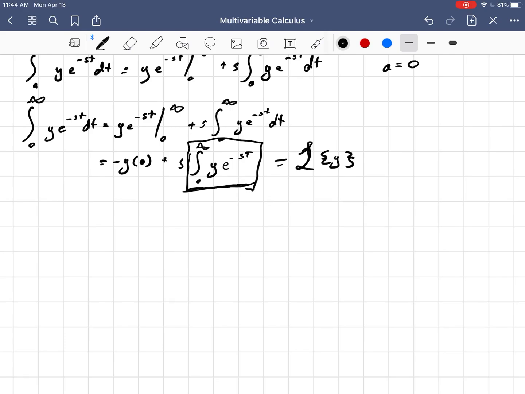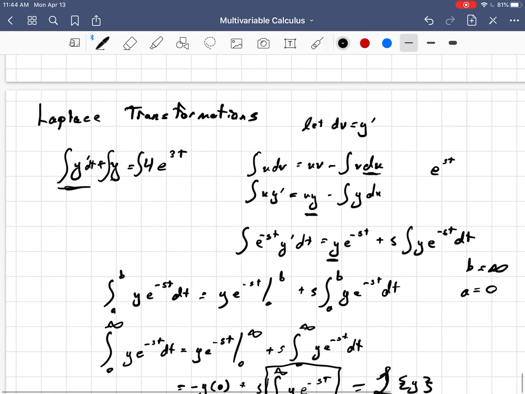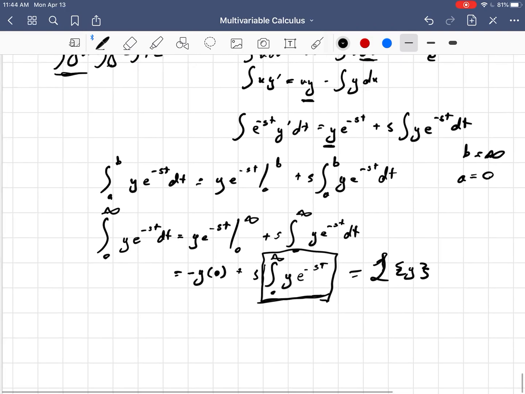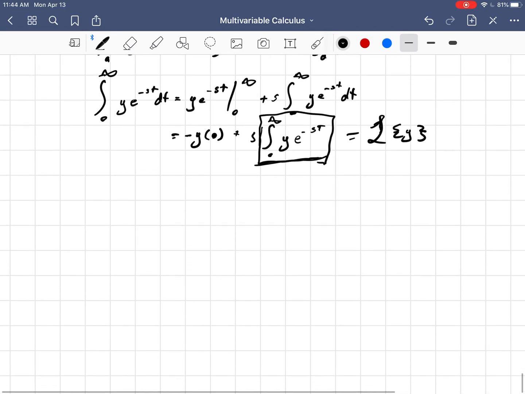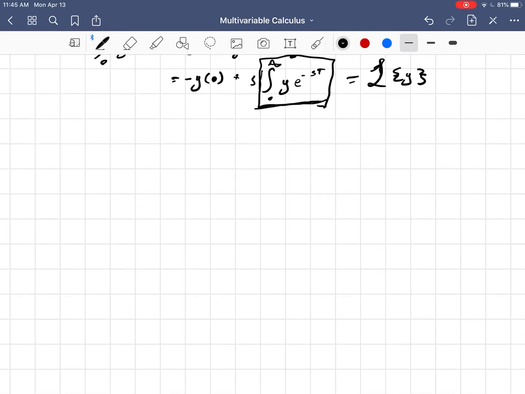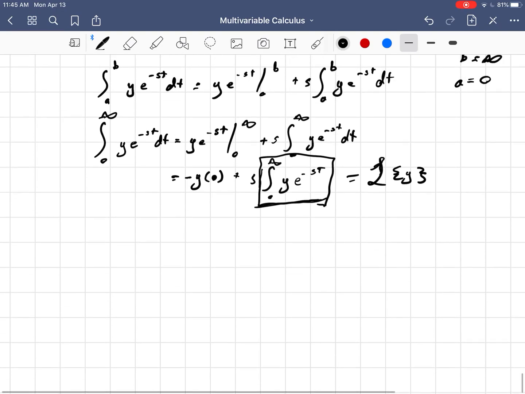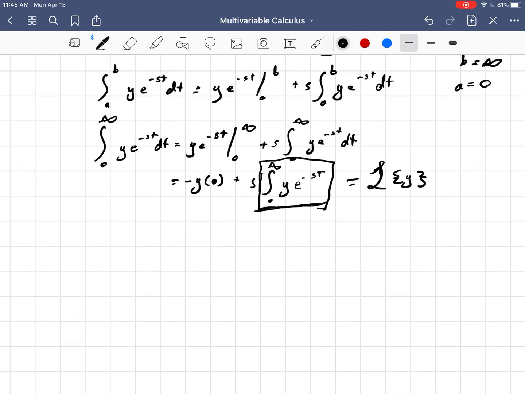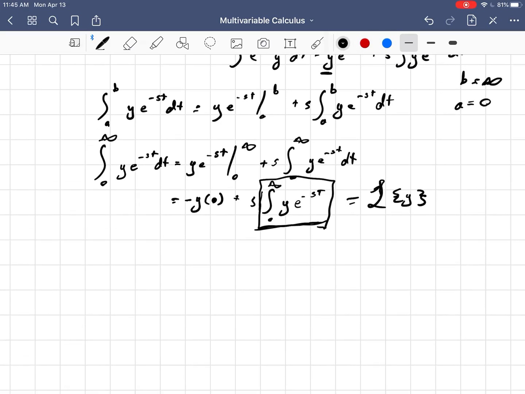So this is convenient for us because now we can take the Laplace transform of both sides of this differential equation and then undo that, and we can get a solution.